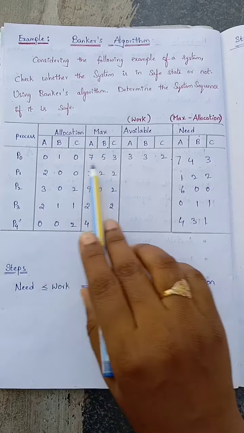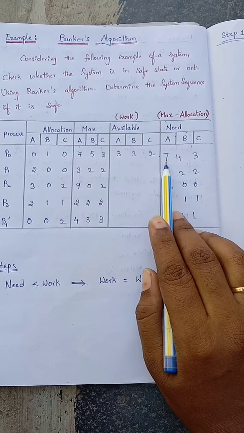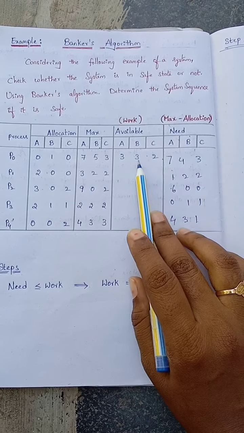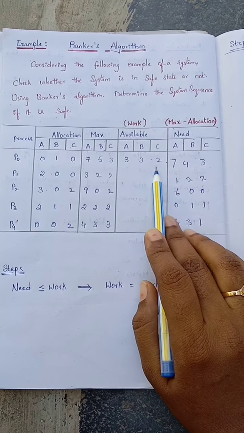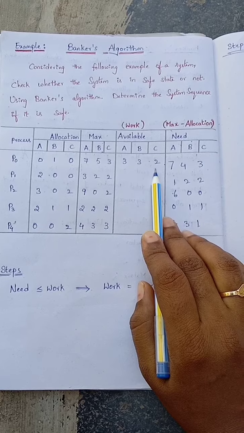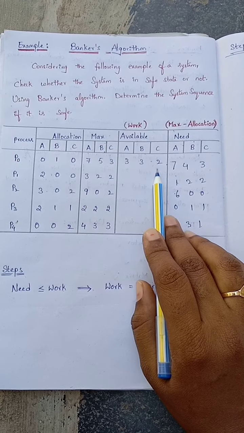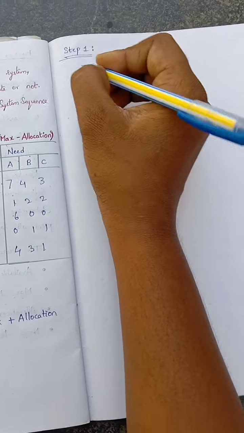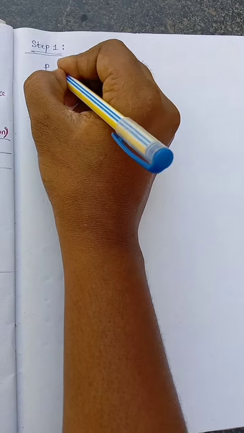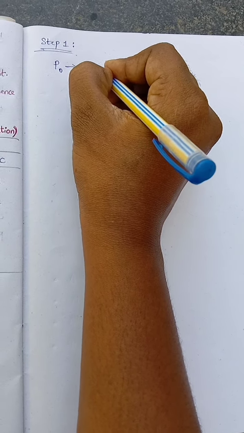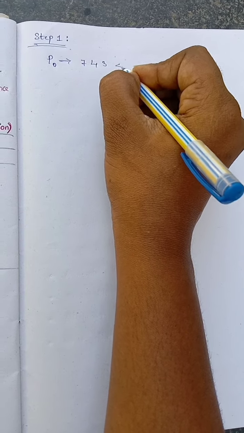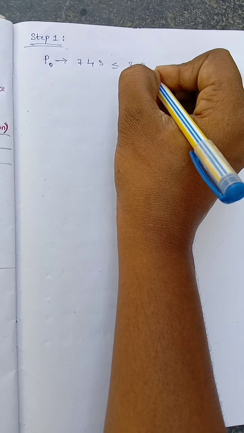The need of P0 is 7, 4, 3 and the work available is 3, 3, 2.